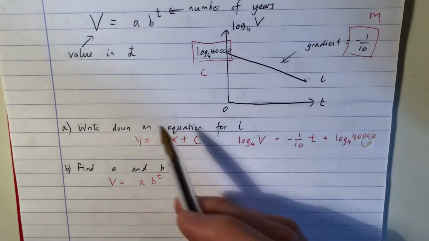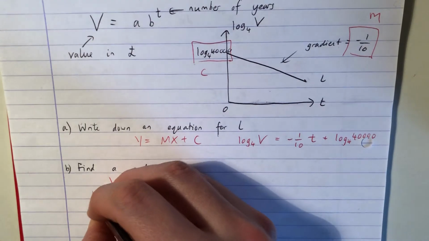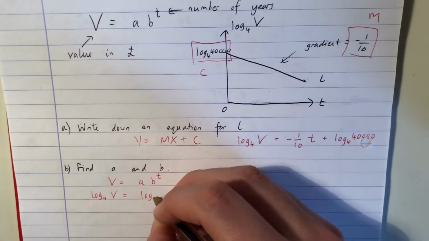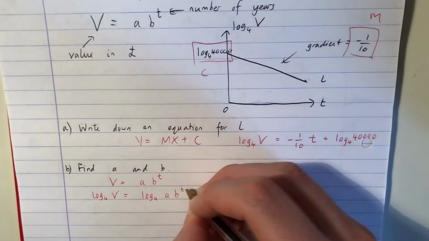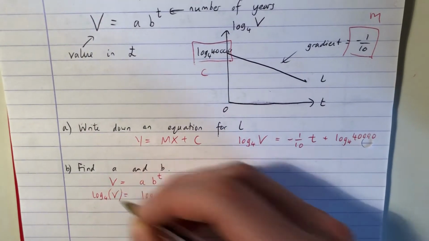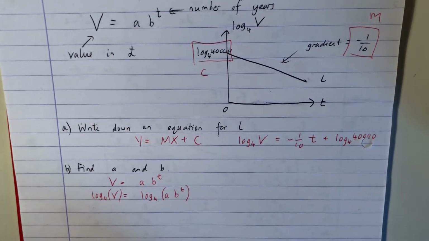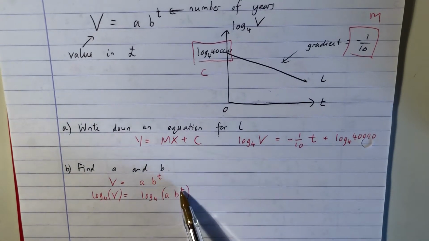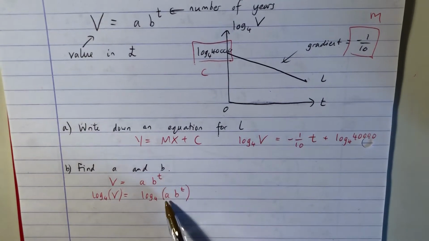They've applied log base 4 at some point to both sides. So log base 4 to both sides. And the key thing is there's two options with this step. Now you've got two log rules, one to do with powers and another one to do with products.